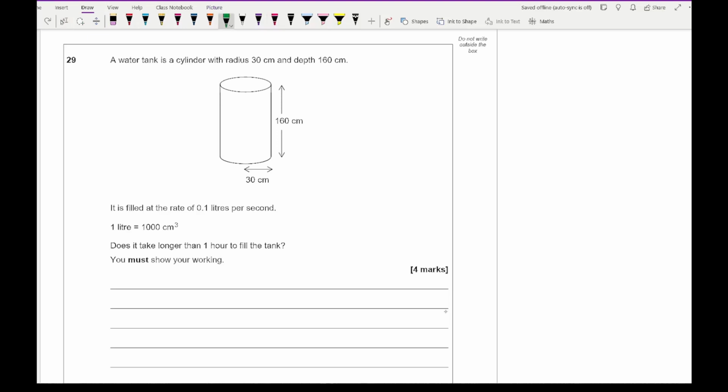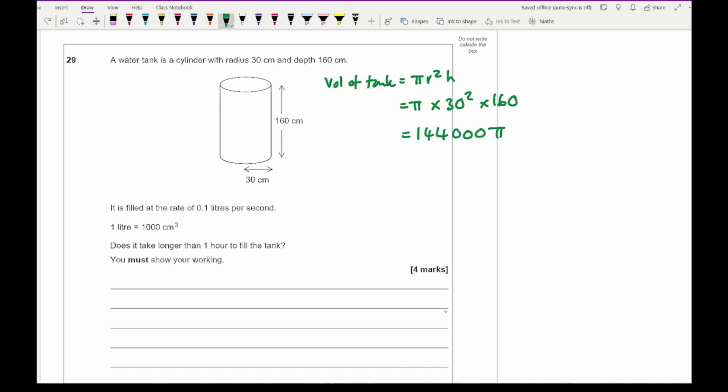So the first thing we need to do is work out the volume of the tank. Now to do that, we use the formula of pi r squared times h. So that's going to be pi times 30 squared times 160. And if I type that all into my calculator, I get an answer of 144,000 pi.